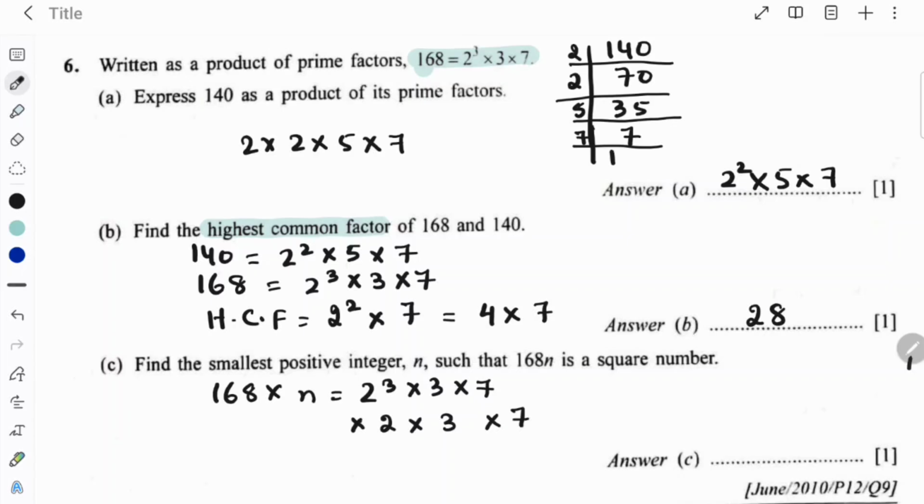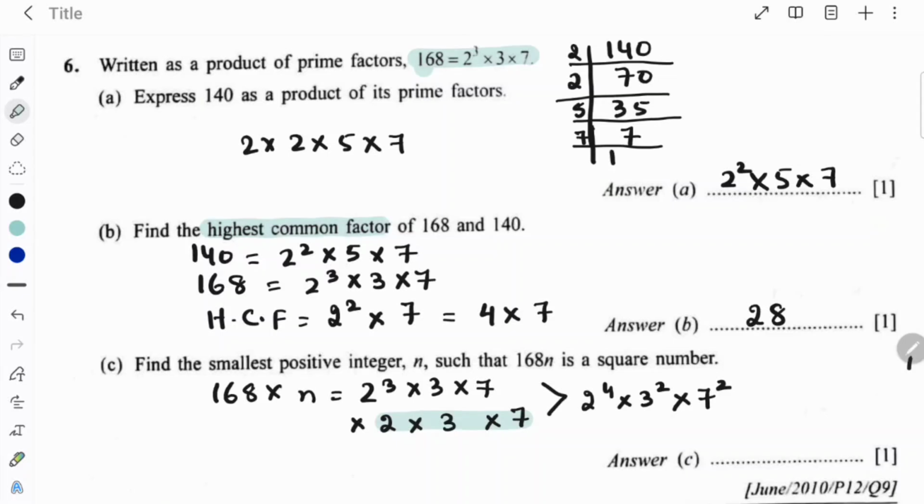Then whenever we multiply these, it will become 2 to the power 4, 3 squared into 7 squared. So all the powers become even, so it will be a square number. So what do we take as n? n will be 2 into 3 into 7. If you multiply 2 cubed by 2, it becomes 2 to the power 4.